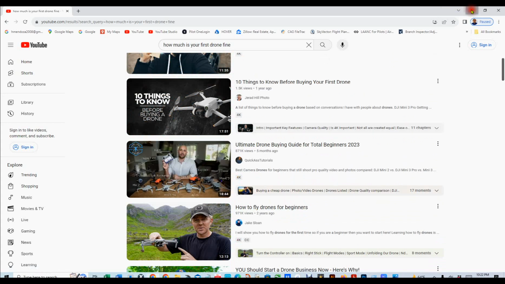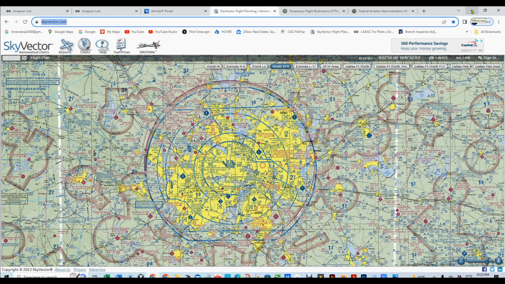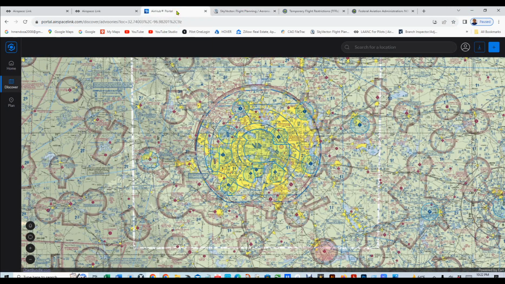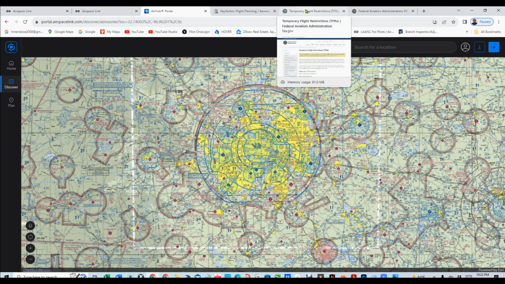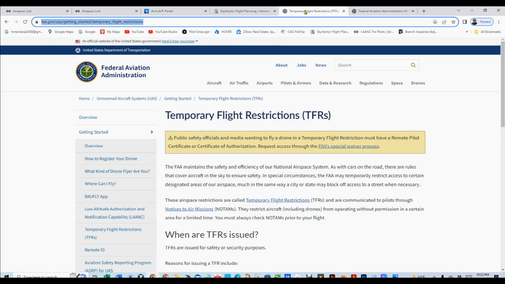So now let's go into some of the areas that I was talking about. So now, this is SkyVector. This is Air Hub Portal, which used to be LAANCE, and this is where you're going to get your permission. Now, in addition to this stuff, you're going to have to go into other sites like this Federal Aviation Administration Temporary Flight Restriction.